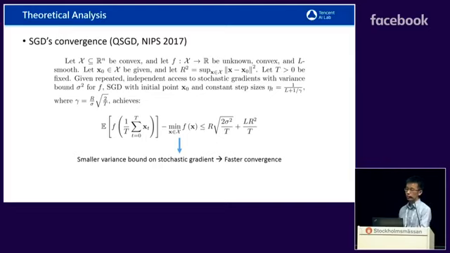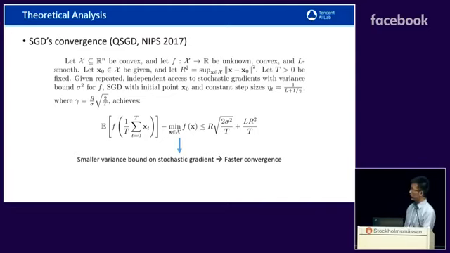on the convergence behavior. Here, we first introduce the results presented in the QSGD paper, which was published in last year's NIPS. Basically, it says that if the gradient we use to update the parameters has some random noise, and the variance bound is given by sigma squared, then the suboptimality gap after t iterations will be bounded by this inequality.